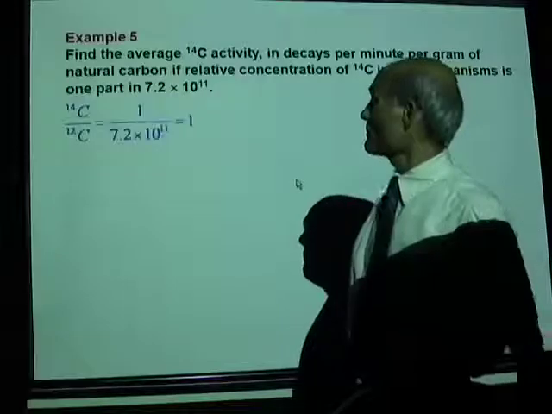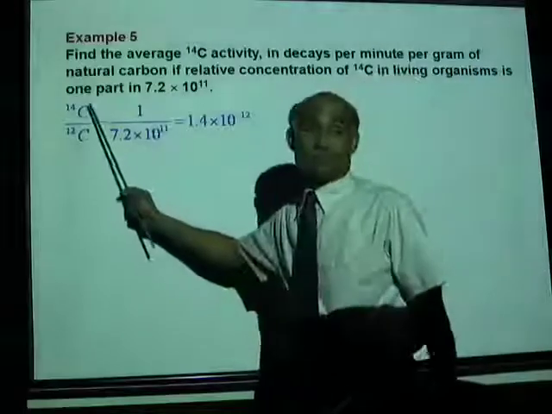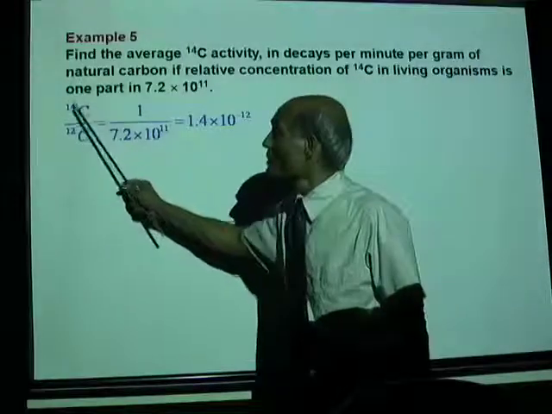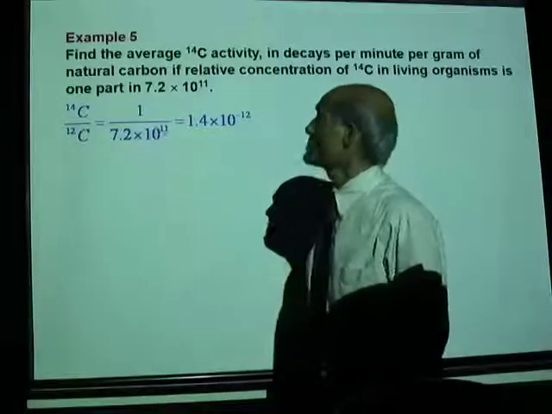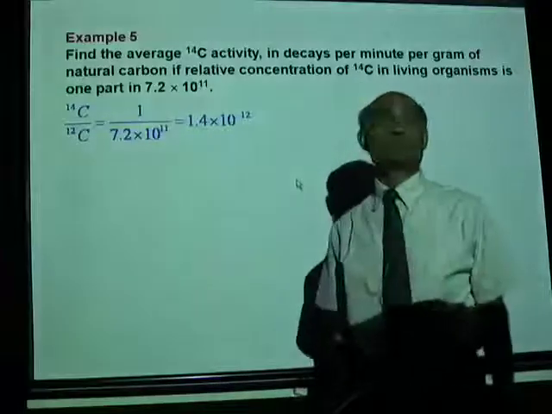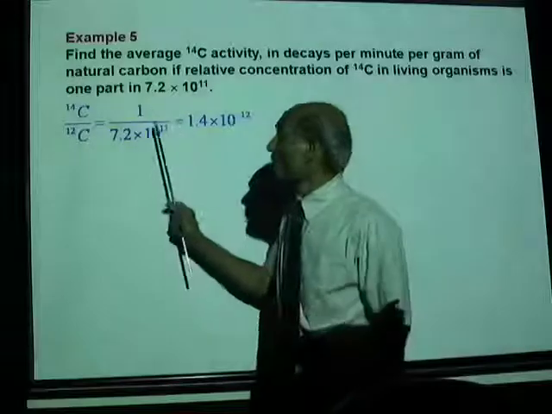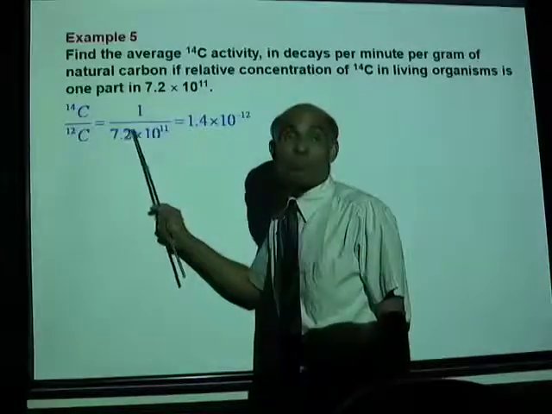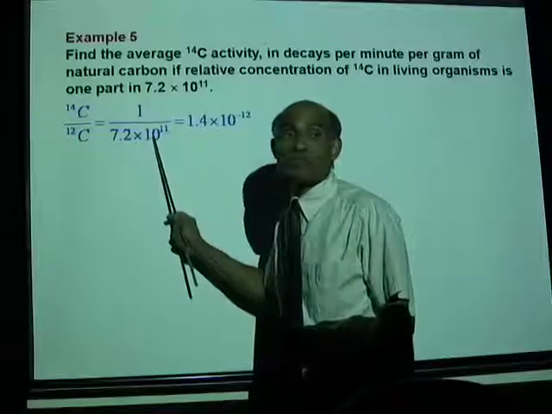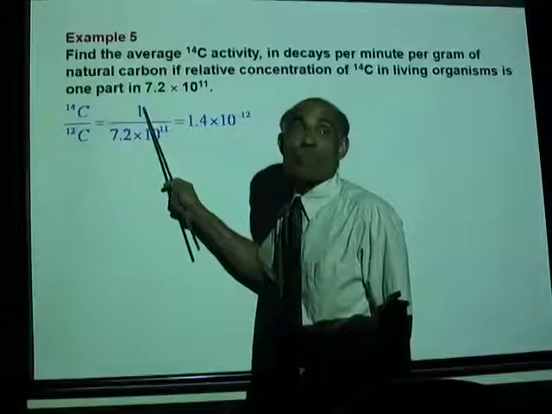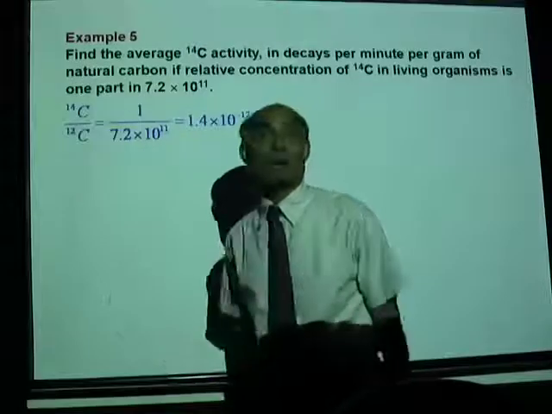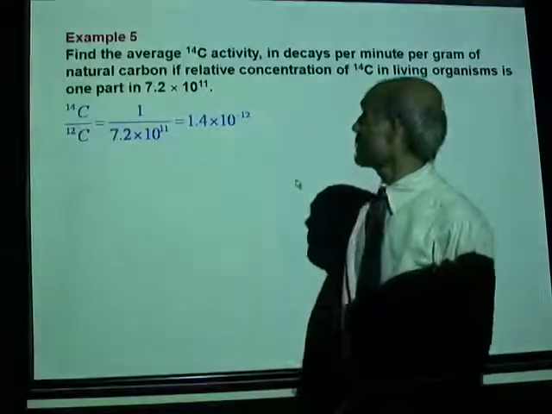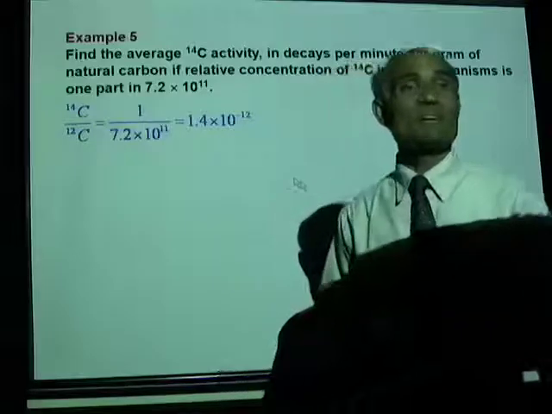That's what it means. So carbon-14 divided by carbon-12 is 1 over 7.2 times 10 to the power of 11. For every 7.2 times 10 to the 11 carbon-12, there is 1 carbon-14. So the ratio of carbon-14 to carbon-12 is 1.4 times 10 to the negative 12.